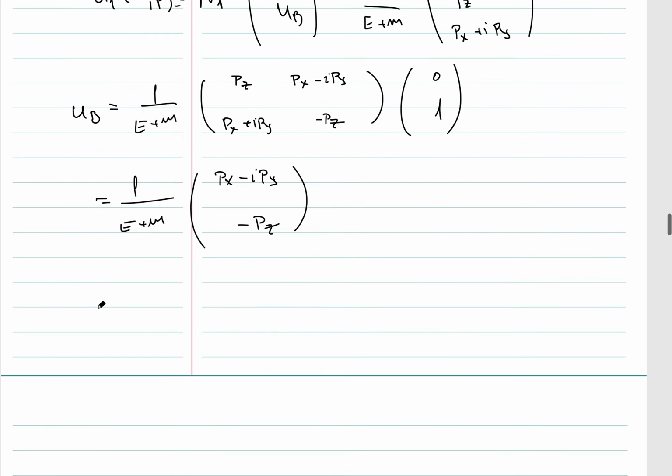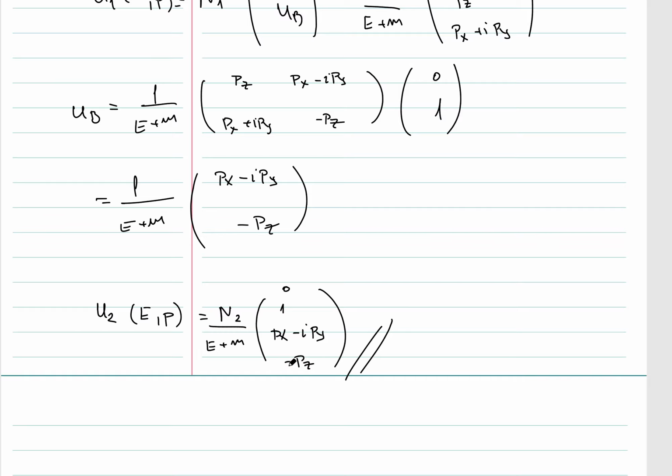So the second solution would be U2 of E and P, N2 over E plus M, (0, 1), Px minus I Py and minus Pz.